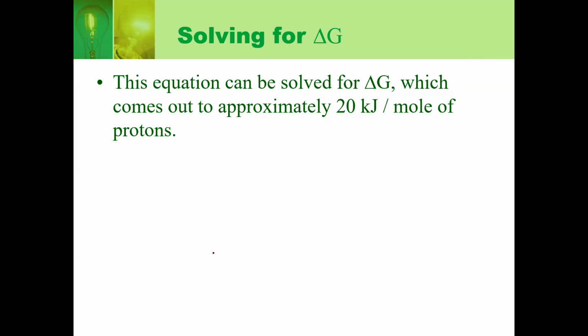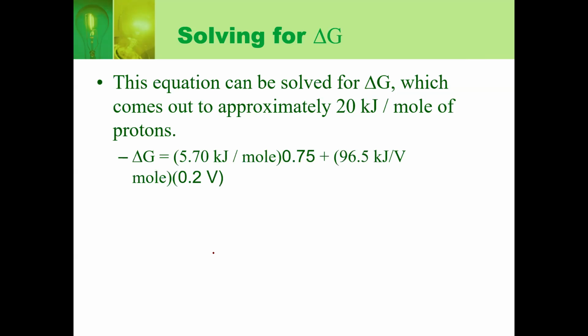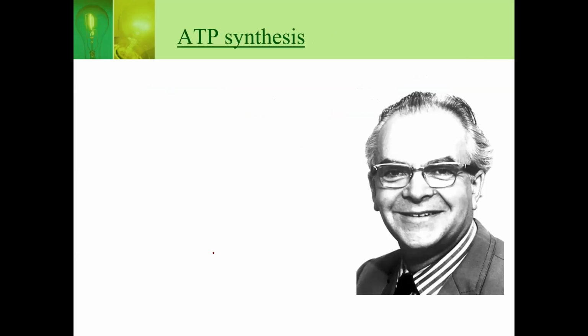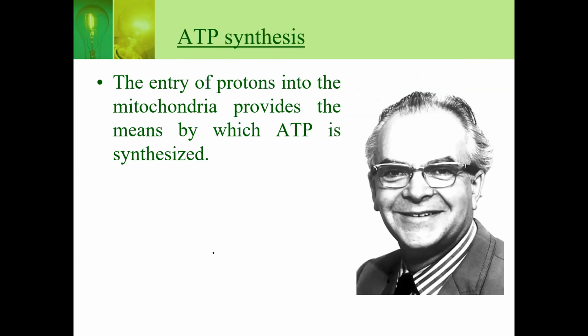Can you use that to make ATP? The answer is, you bet your life. Okay, how do we get the protons back into the matrix? One of the gentlemen to work on this issue was this guy here.